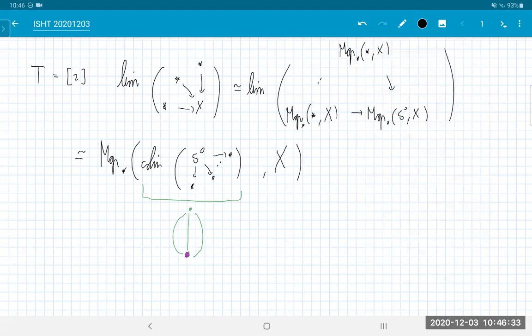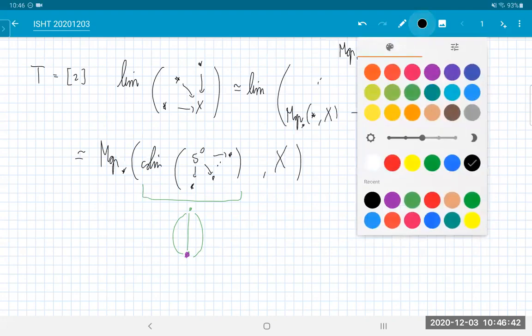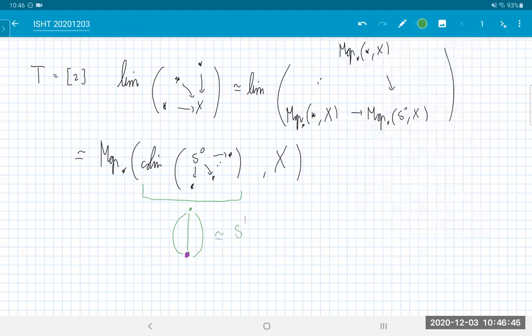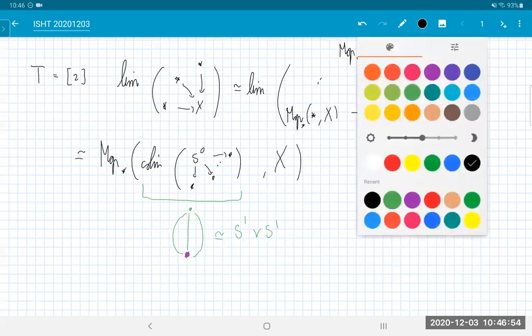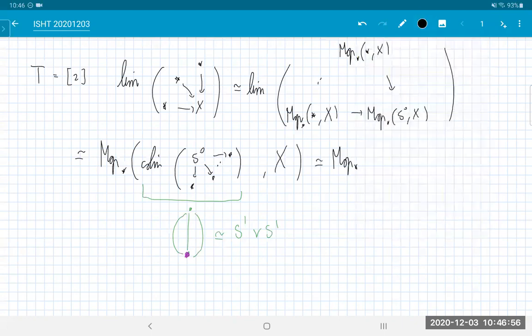You can do the same argument that we did last semester to describe the homotopy pushout, for example. And you get this, and this is equivalent to S^1 wedge S^1, just by collapsing the middle element. And so this is just maps from S^1 to X times maps from S^1 to X. That's ΩX times ΩX, as we wanted.